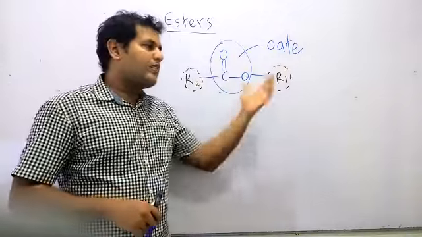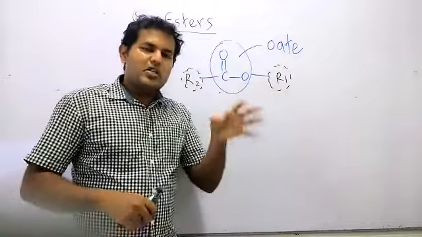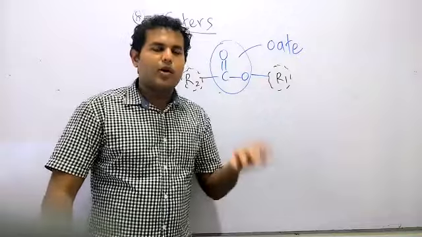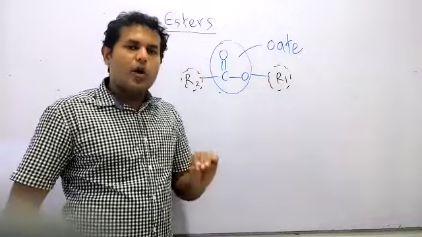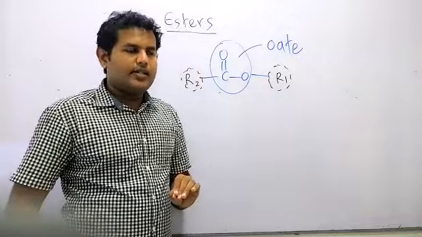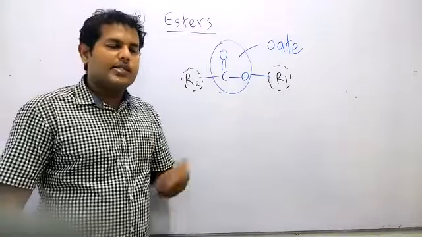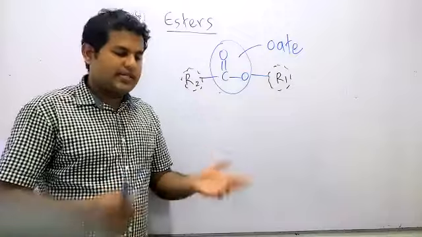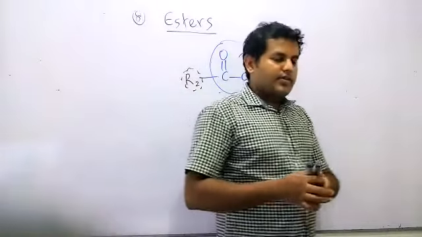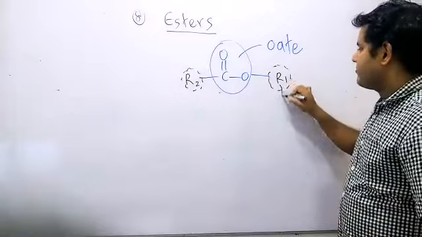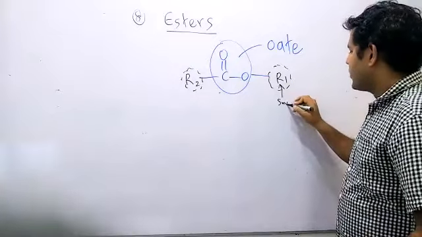Most of the time one side has a short R group like methyl, ethyl, propyl. But the other side has a higher number of carbons, like 5, 6, or 4. It depends. However, the shortest group is generally taken to this side. It's a small R group.